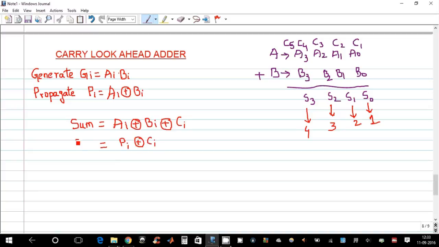So this is the basic expression of our sum.